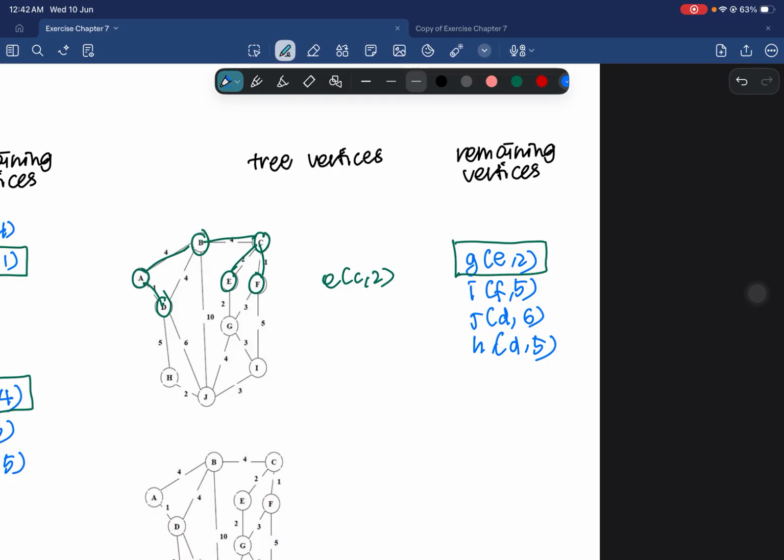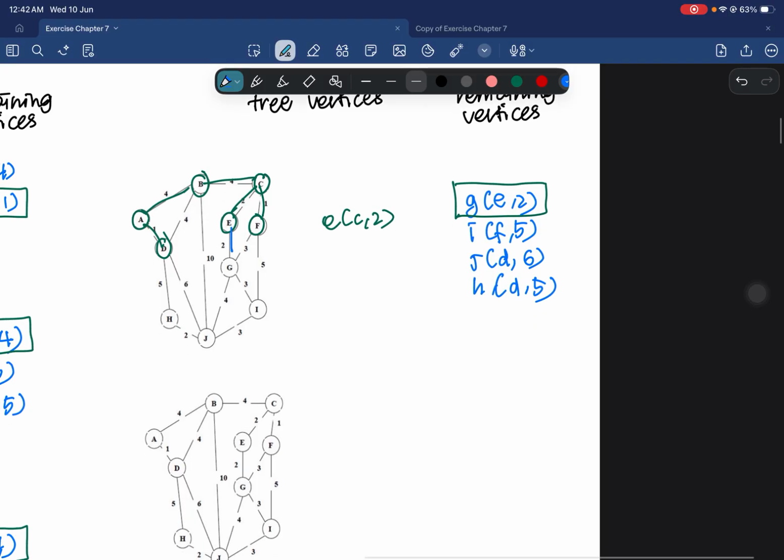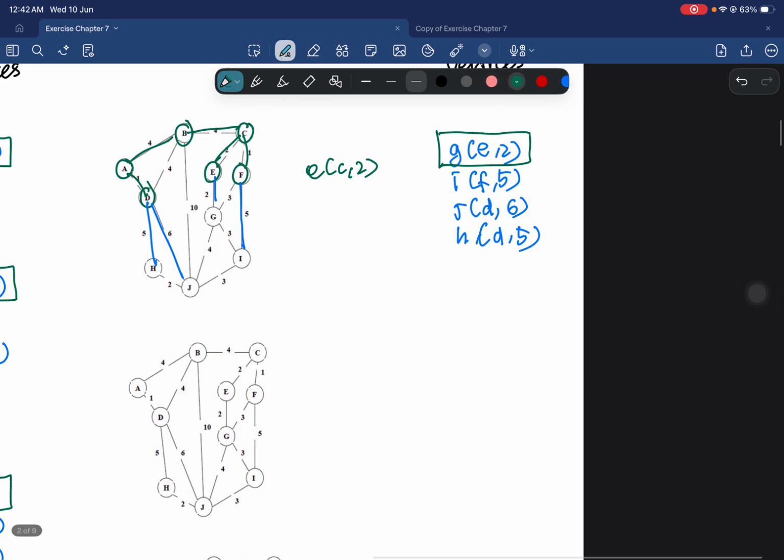Right, so we have G. I will just write. Okay, we have G. So we choose G, E, and 2. So we have A connected to B, connected to C, connected to E, connected to F. We have connected to D. Also we connected to G.